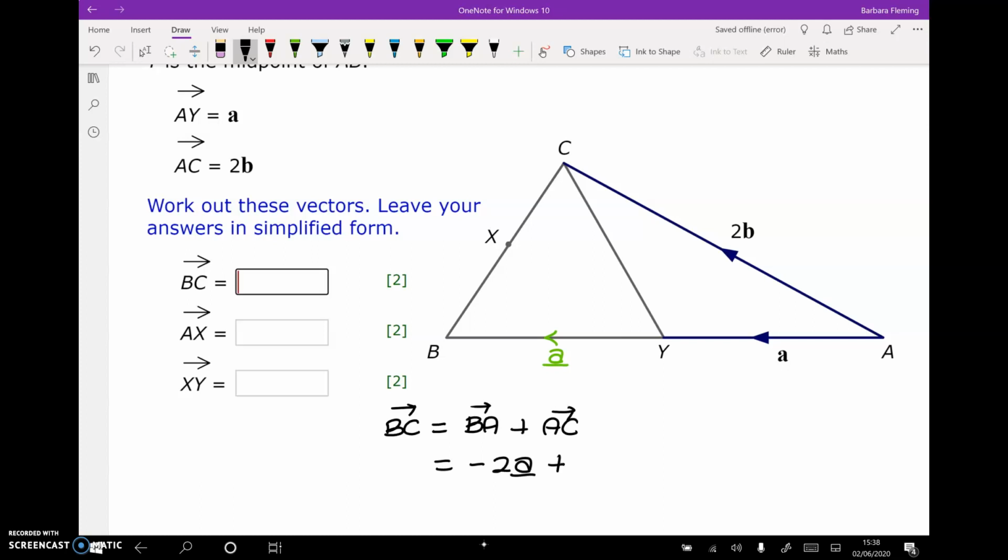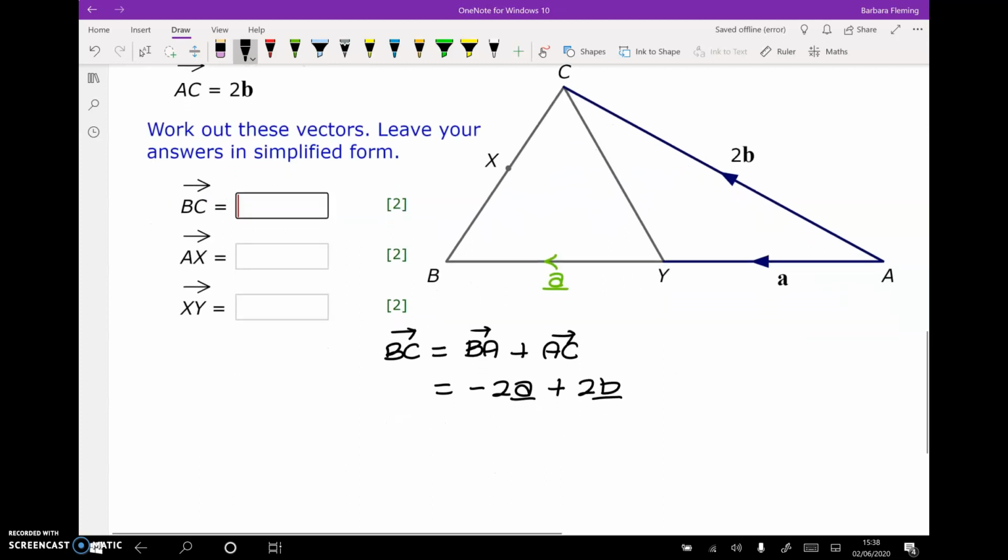And then that's followed by A to C, which is your 2B. Nothing to collect together or simplify. Some people might factorize out the 2, but there's really no need to. So I would just leave that as 2B, take away 2A, just to get that minus away from the first term, but both would be acceptable. So 2B, take away 2A.